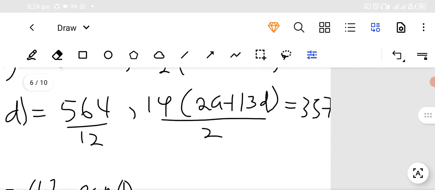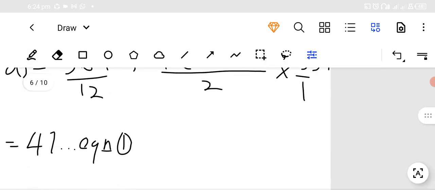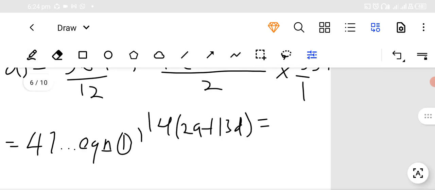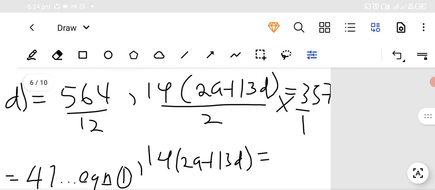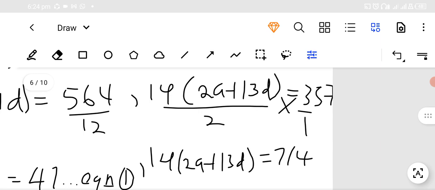Okay, and then here we can cross multiply. 14 times 2a plus 13d is equal to 357 times 2, which is 714. Let's try to see if 14 can go into 714. Oh yes, it can, 51 times.